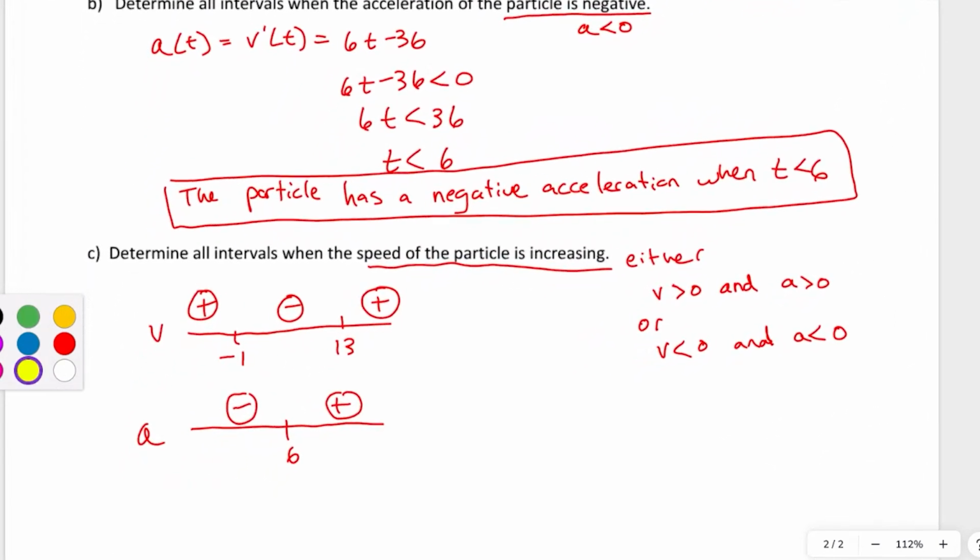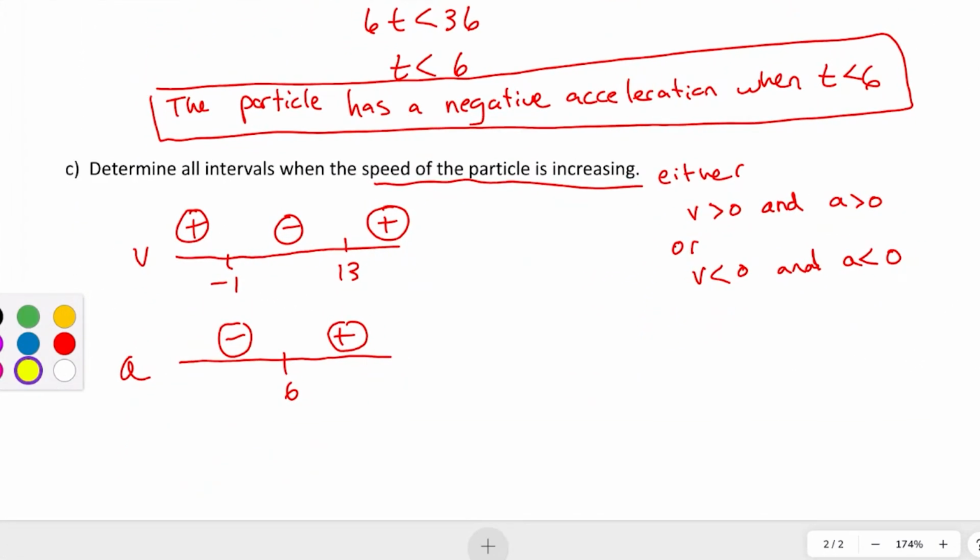So that's going to be between -1 and 6, they're both negative. And after 13, they're both positive. So the two sets are going to be between -1 and 6 and 13 and infinity.